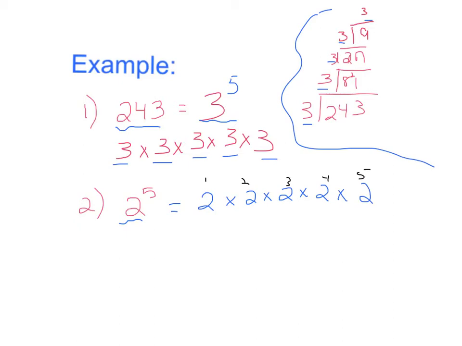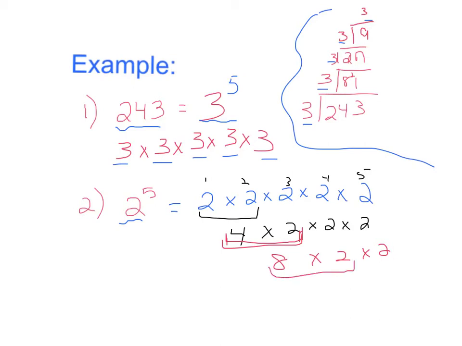Well, if I begin to multiply, 2 times 2 is 4. 4 times 2 is 8. 8 times 2 is 16. 16 times 2 is going to be 32. So 2 to the 5th power is equal to the number 32. So that's written in standard form.